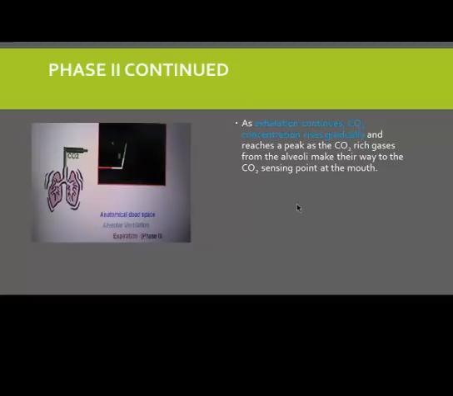All right. Now, this is where we're going to start seeing the CO2 concentration rise. CO2 was in the body, now it's coming out. So as we're breathing out, it's picking up the amount of expired CO2. The gas that's being breathed out as compared to the gas that's being breathed in is CO2 rich.